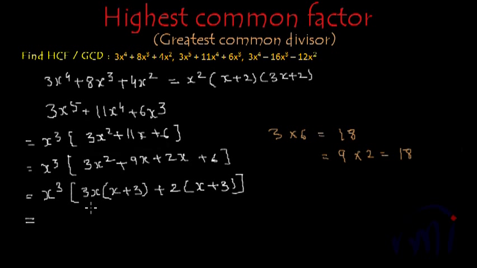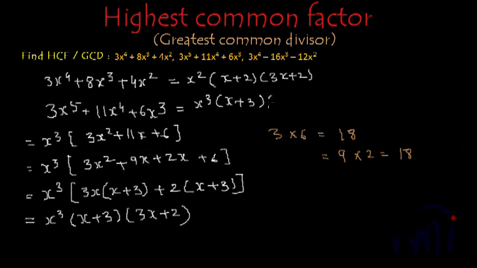And now inside the square bracket we have two terms where x plus 3 is common, so this x cube will be written as it is, and we'll take x plus 3 common, and then we will be left with 3x plus 2, right? So we have found the factors of the next expression also, and the factors are x cube multiplied by x plus 3 multiplied by 3x plus 2, right?